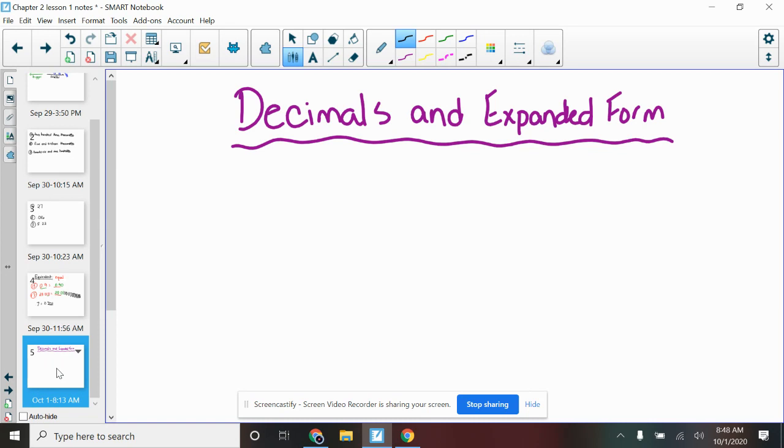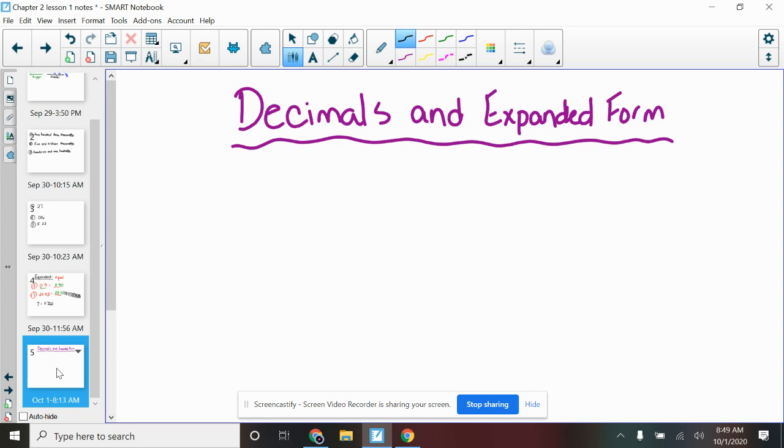So let's start with what we know. This is new information, so I should see everybody ready to write down new notes. So we cleared up our simple solutions, we collected that, we checked our homework, gone over any questions we may have had in that lesson. Now we're ready to run into lesson 2, and we're not going to use the book because the book does wacky things, so we're going to learn it in simple form. And that is how to write decimals in expanded form.